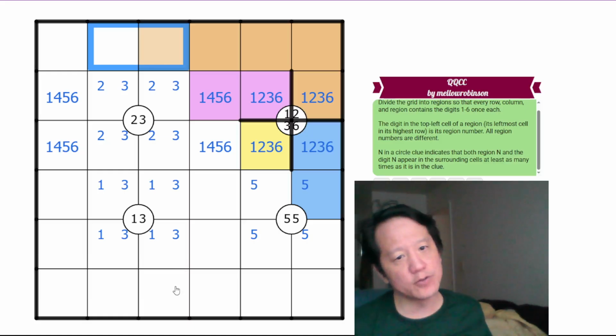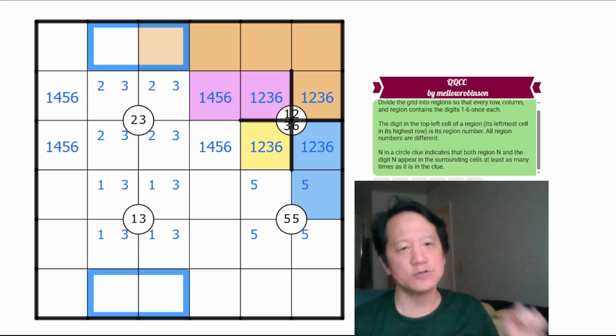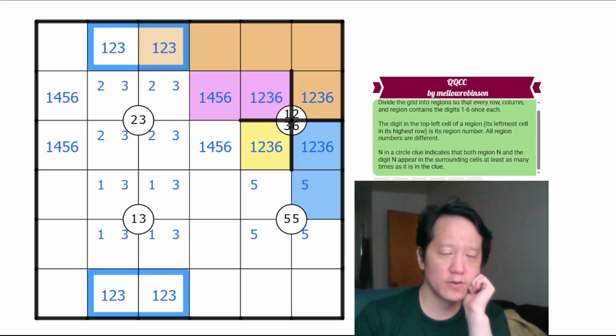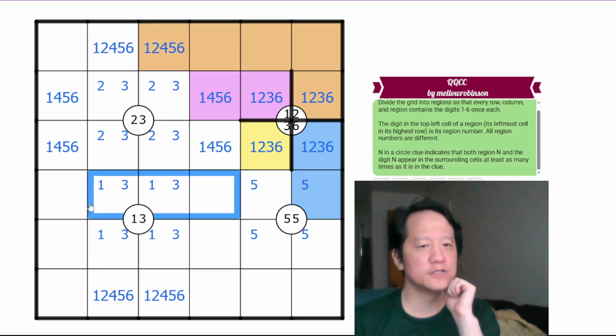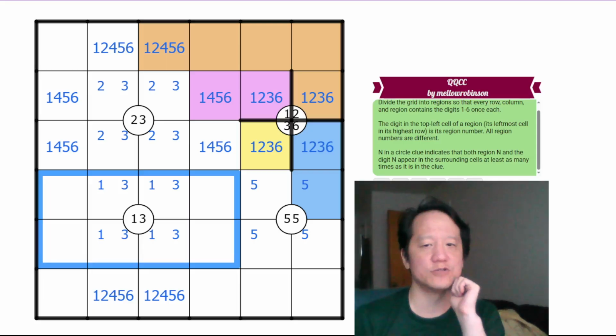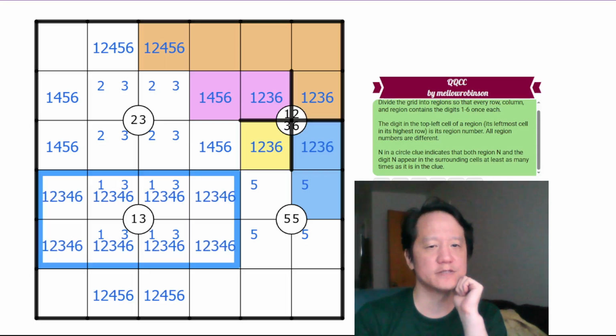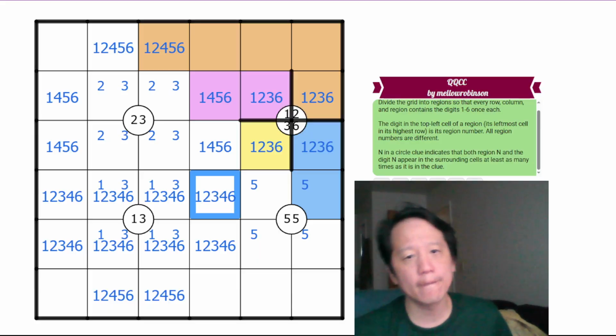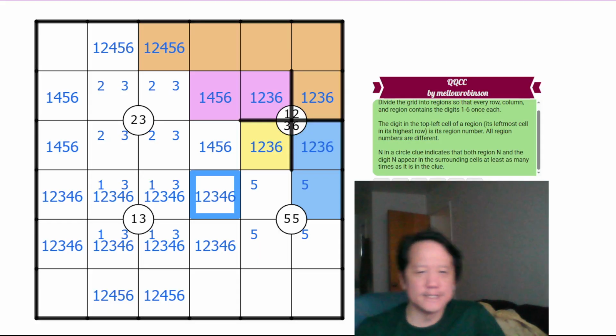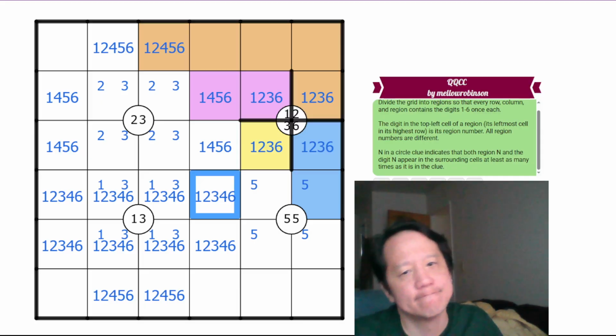These digits have to be 1, 2, 3. No 3. 1, 2, 4, 5, 6. These digits cannot be 5, so it's 1, 2, 3, 4, and then 6. There's no way a 5, or there could be a 5 here.